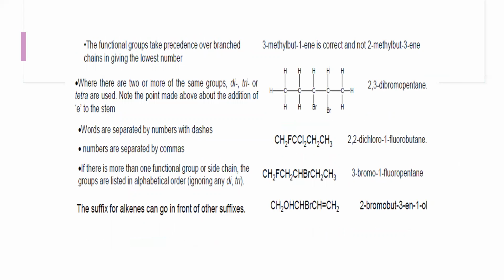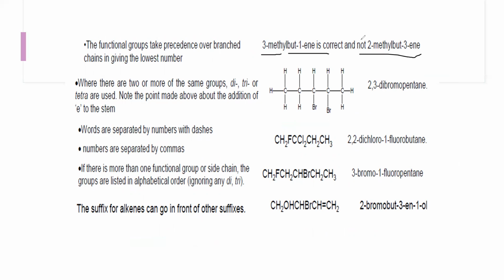Then we give priority to the functional group compared to the branch. For example, from this name, 2-methylbut-1-ene is correct, not 3-methylbut-3-ene.